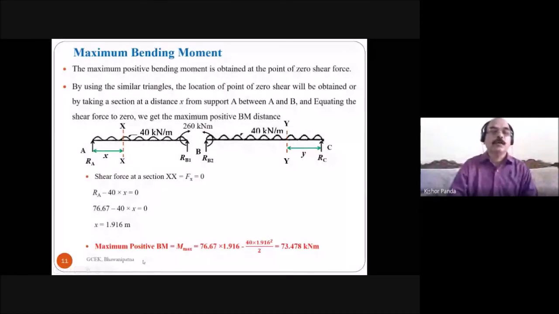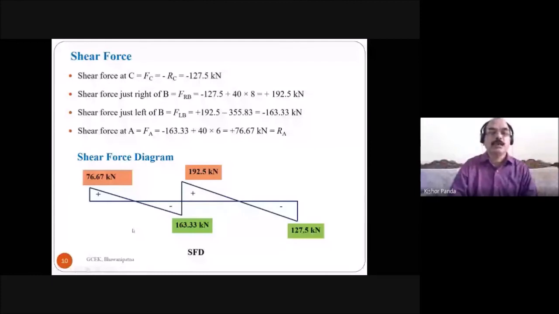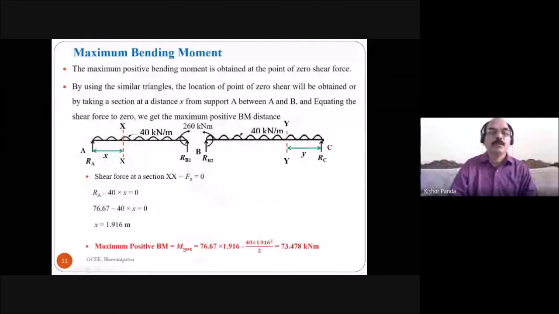Here you will get the maximum positive moment. So the maximum positive moment Mx is equal to Ra into x. Ra is 76.67 and x you got here 1.916.